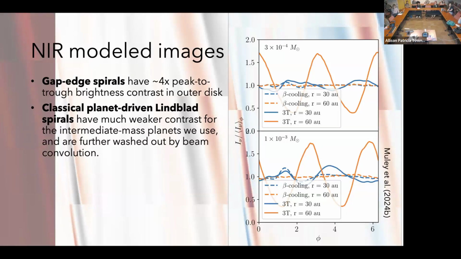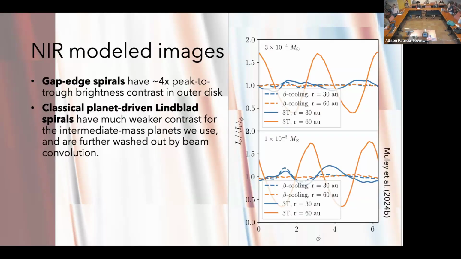So the classical planetary Lindblad spirals for the lower mass planets we choose here are not really capable of creating strong non-axisymmetry, and higher mass planets, which could create these strong contrasts with just Lindblad spirals, are not necessarily supported by the observations.